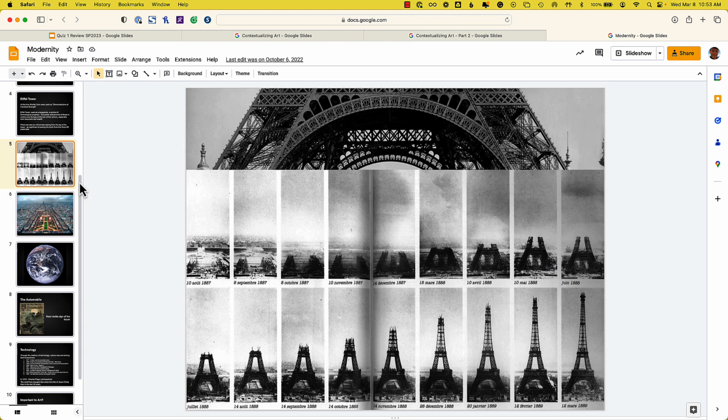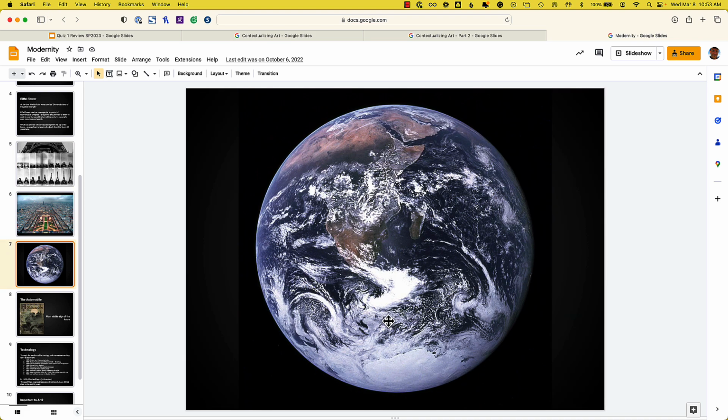And then the idea of witnessing or seeing ourselves and the fragility of ourselves, this coming from the initial views from space and the moon. These photographs, as I talked in class, spurred, you know, the environmental movement in order to help promote the safety and preservation of our planet.